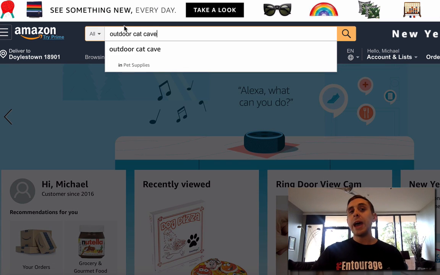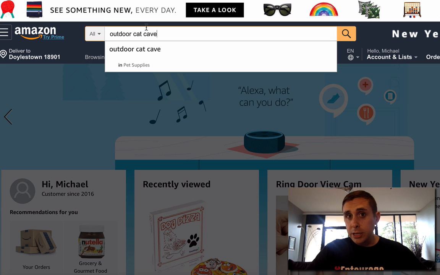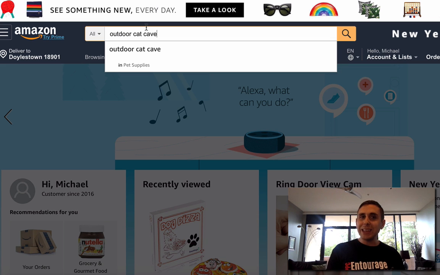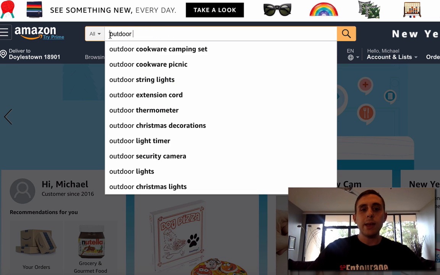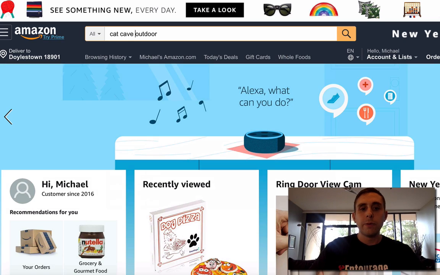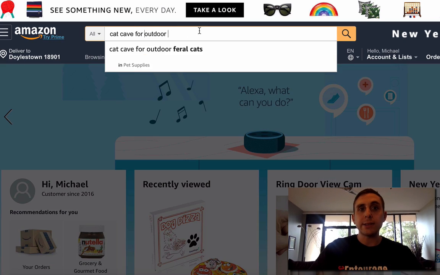Let's say we use the word outdoor as our negative phrase match because we sell indoor cat caves. If we use the word outdoor as a negative phrase match, that's going to eliminate us from outdoor cat cave because the word outdoor is in there. Or if we have another search term, let's say cat cave for outdoor cats, right?